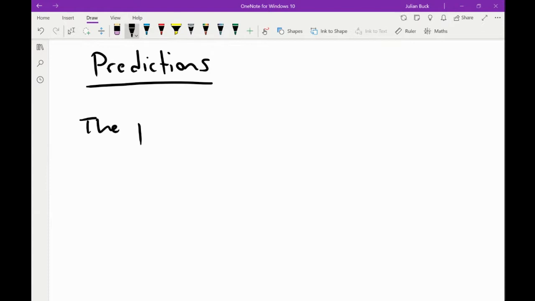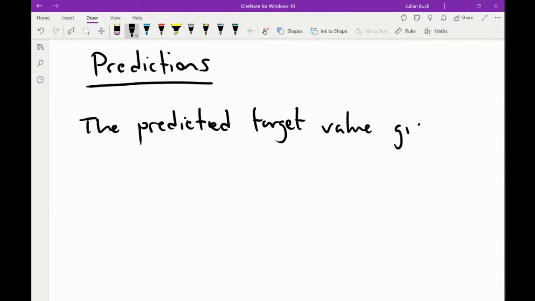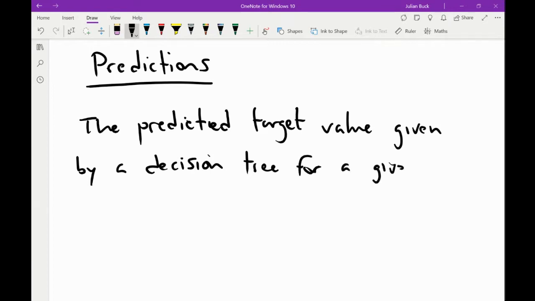So the predicted target value given by a decision tree for a given point in the feature space.